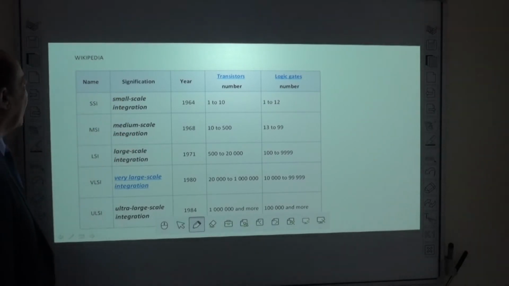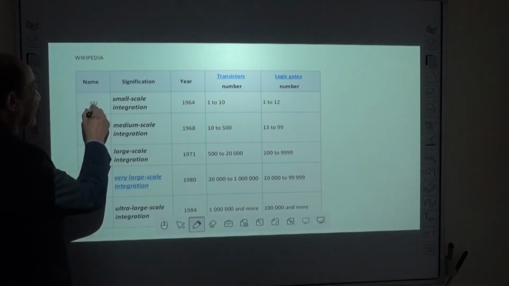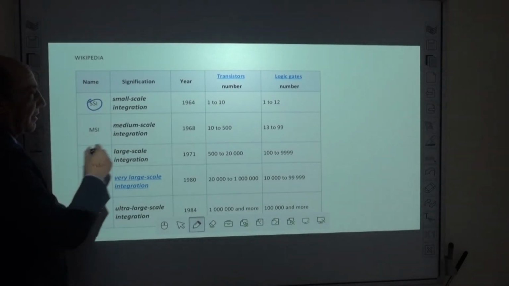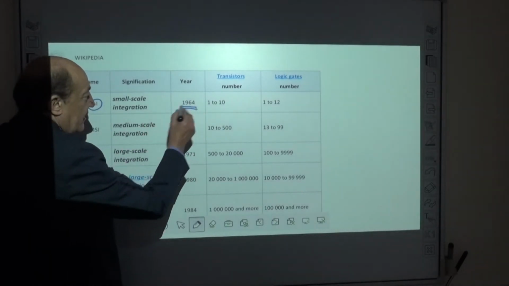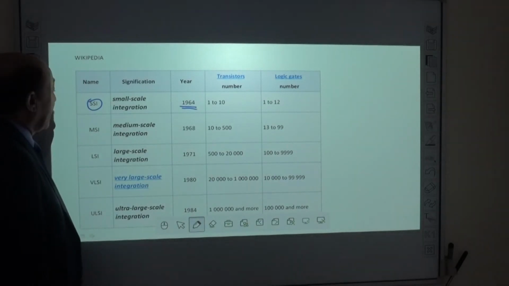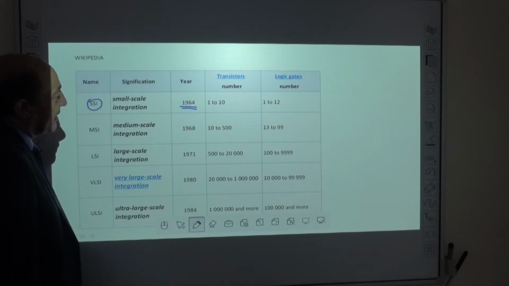This table is from Wikipedia. Small scale integration starts in 1964. They were used in the mainframe IBM 360, the start of the third generation computers.